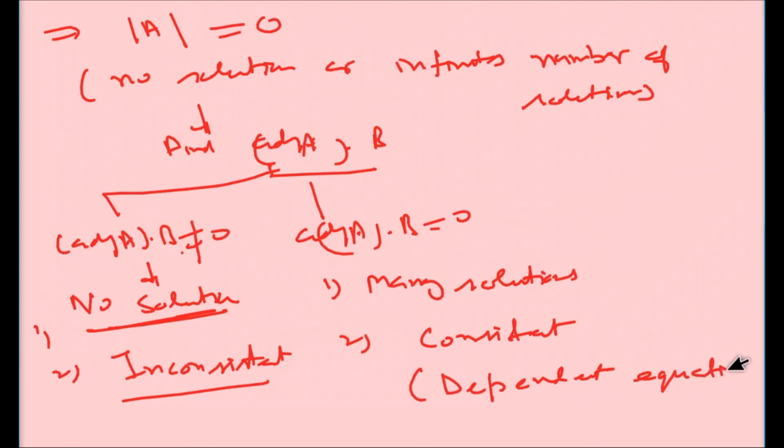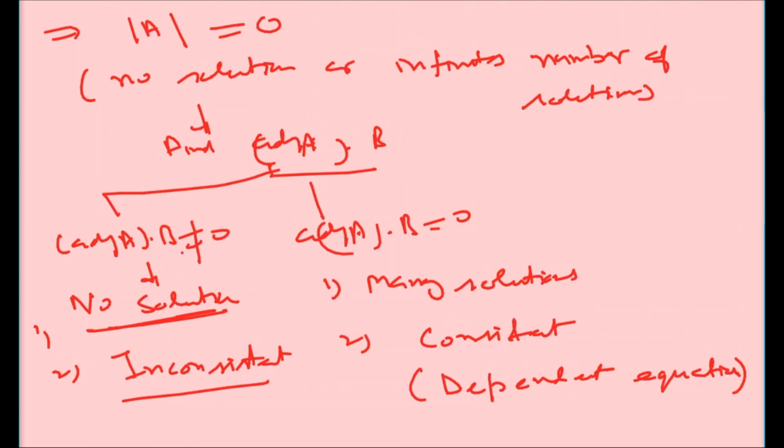Okay, dependent equations. What is the meaning of dependent equations? Dependent equation means when we solve the three equations, we can find the value of x and y in terms of z.